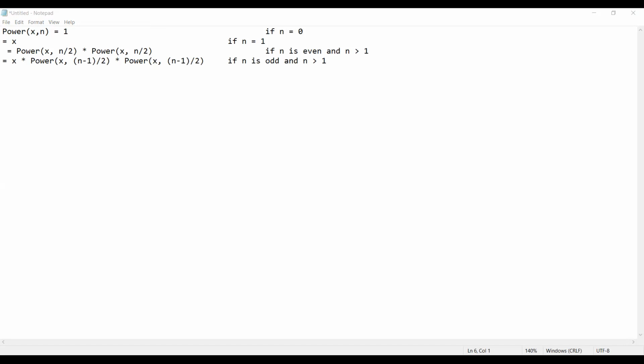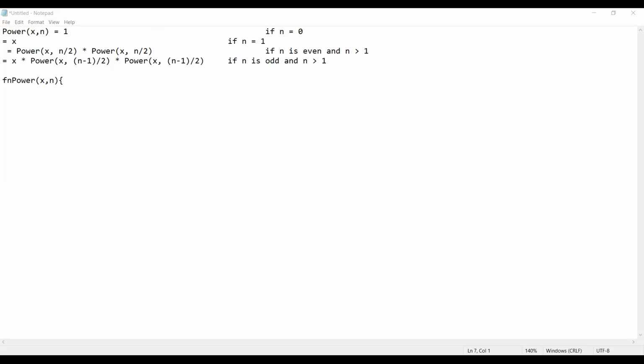So when we design the algorithm which computes x to the power n using a recursive function, at first I have to write down the function name, and here two arguments we have to use. One is the number x and another one is the exponent, which is n. So this algorithm computes x to the power n, where x is the mantissa and n is the exponent. The output is the value of x to the power n.